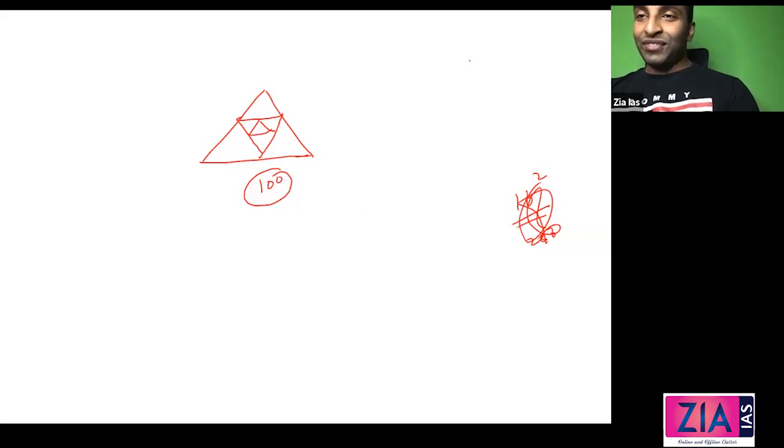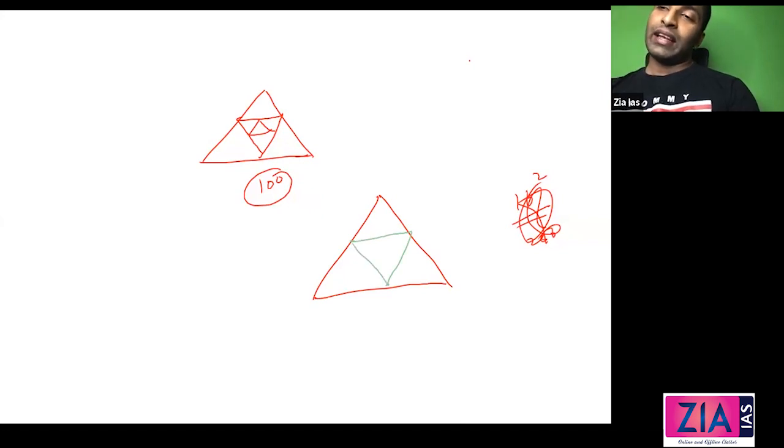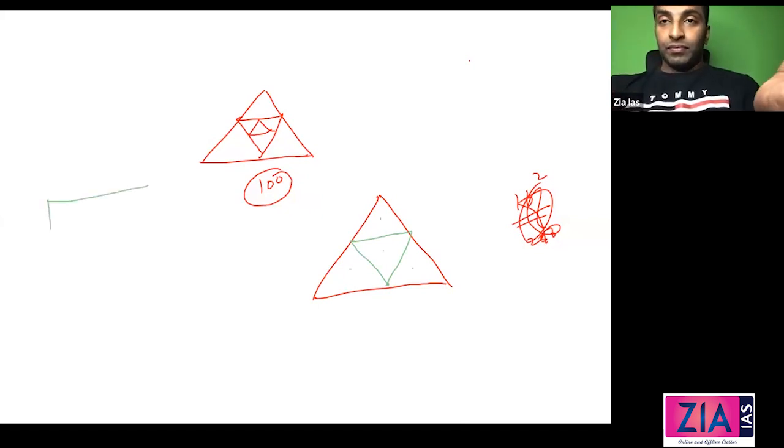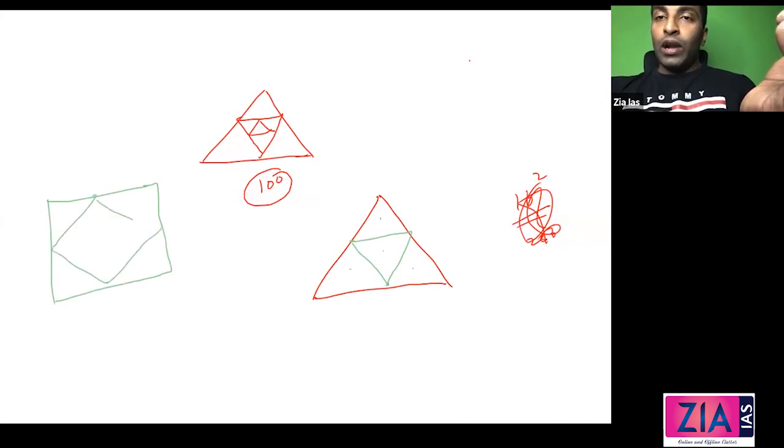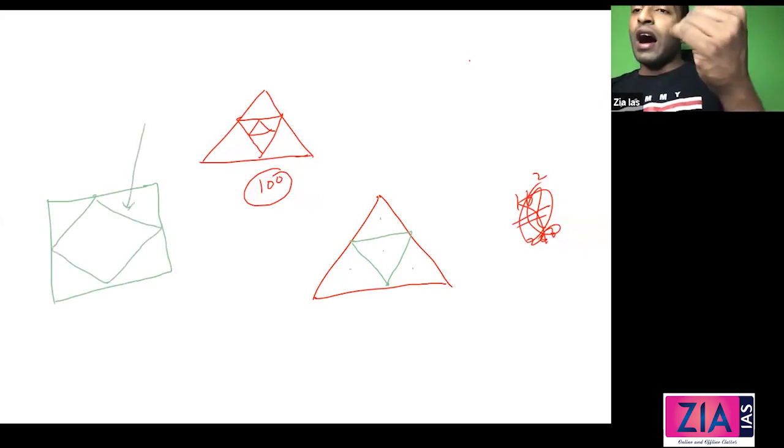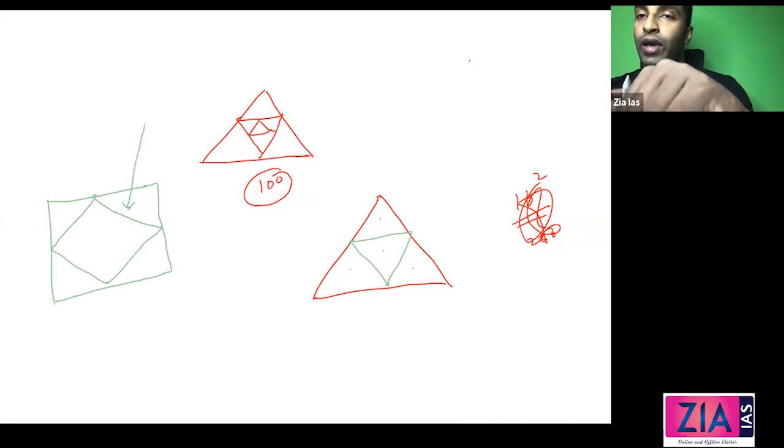Okay, in case of a triangle, if you're joining the midpoints, what is the case? If you join the midpoints, you get this. So now look into this. How many equal areas are there? 1, 2, 3, 4. So in case of a square, when I join the midpoints, the newly formed square will have half the area. Why?